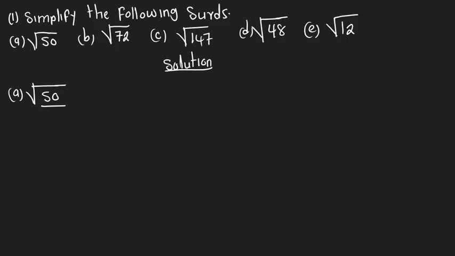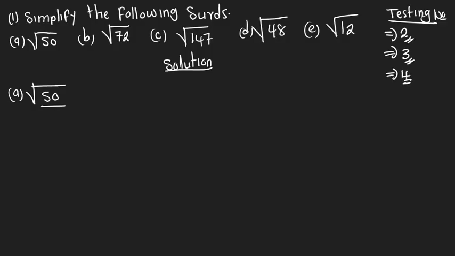So let's do testing numbers. Your testing numbers, you start with 2. From 2, if 2 does not work, go to 3. If 3 does not work, go to 4.